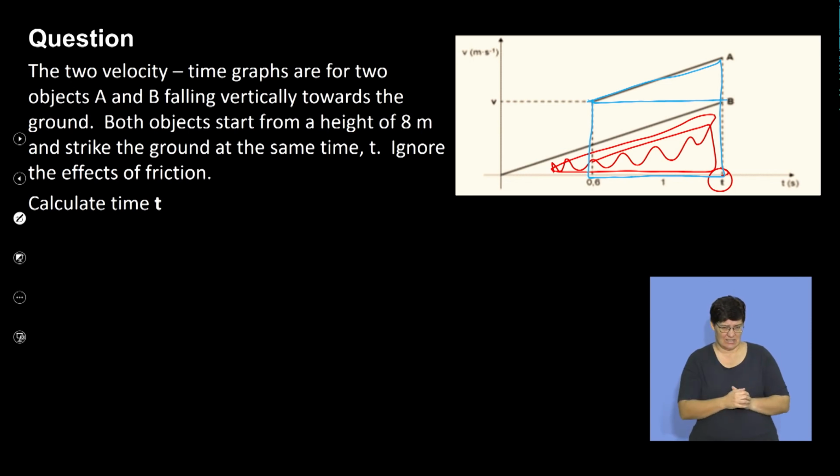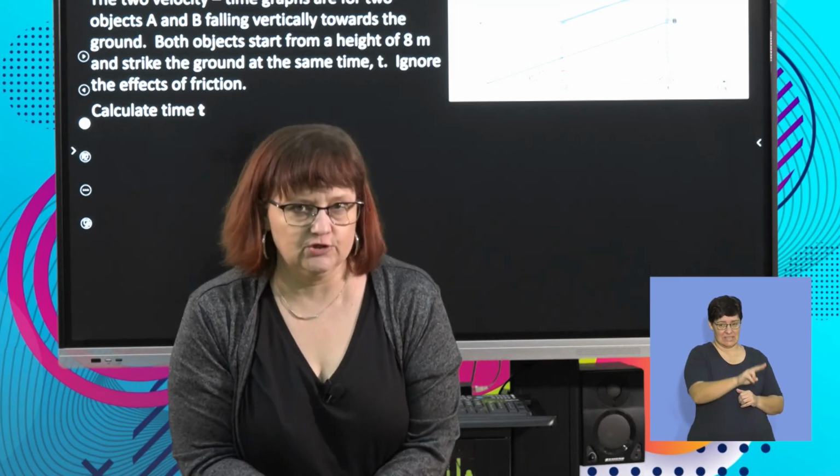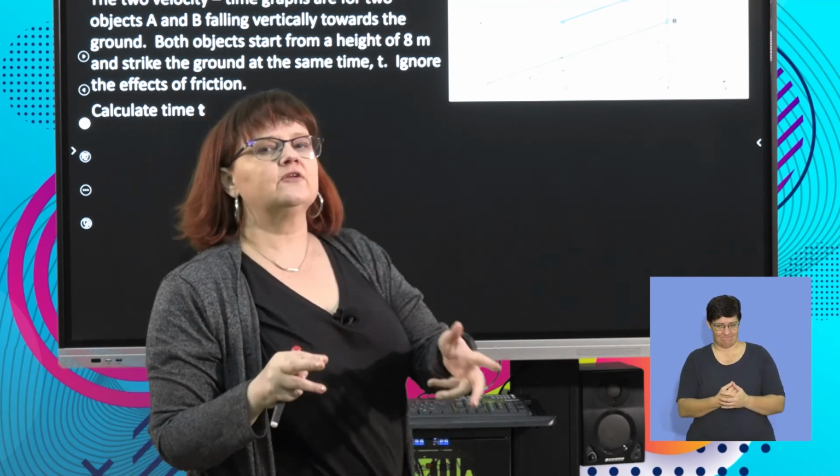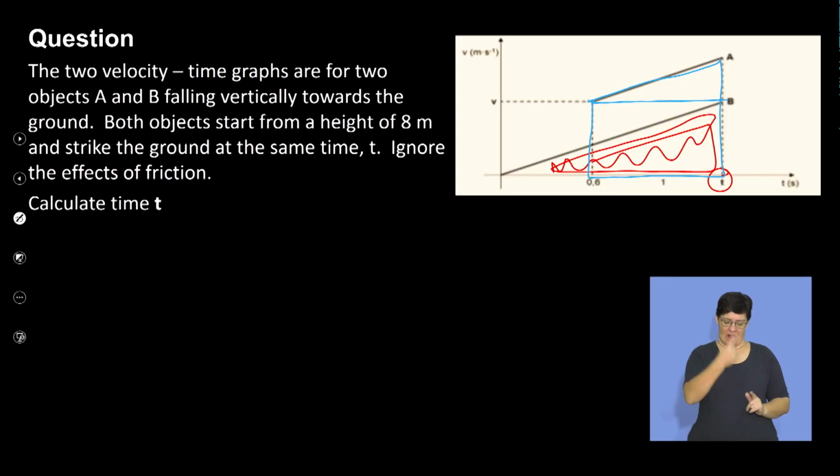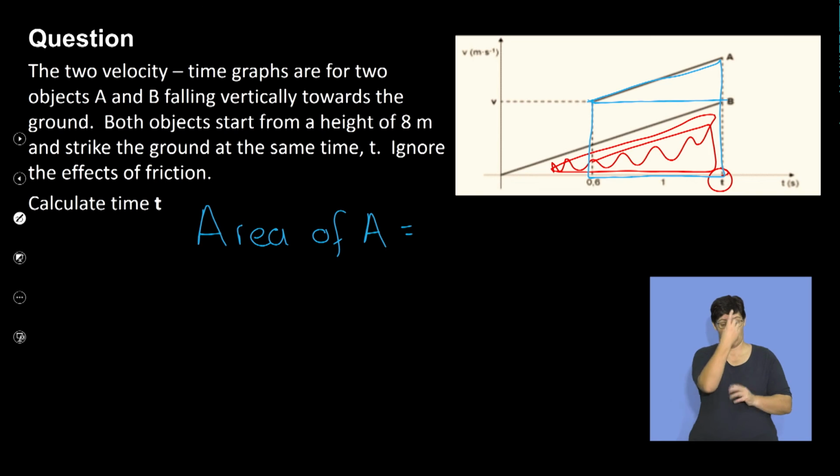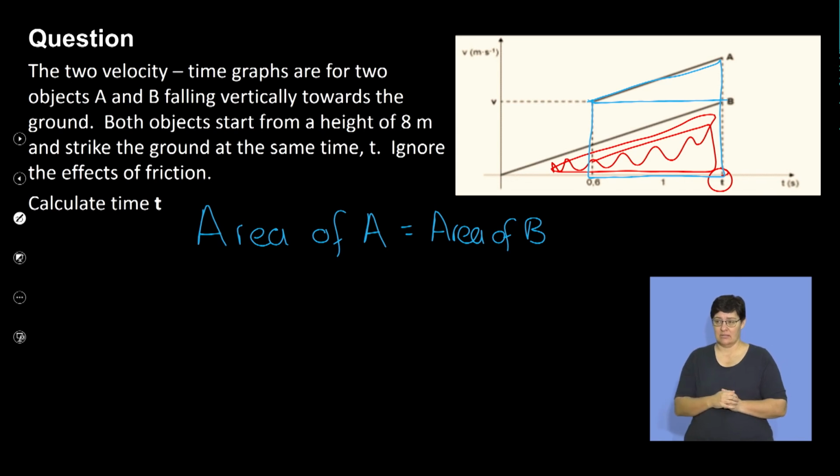But what I need you to see, and I'm actually not going to finish this question, I'm going to leave it for you to sort, is that the area of the first object is equal to the area of B. Okay? Here, I really should have given you more information, because I didn't. Finding these areas is actually going to be quite difficult. I needed to give you something else to help you.